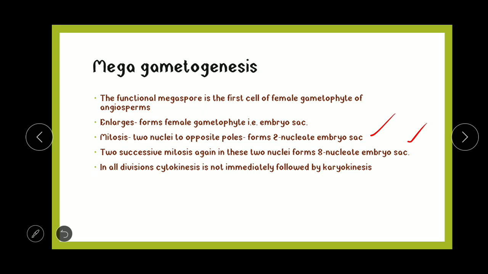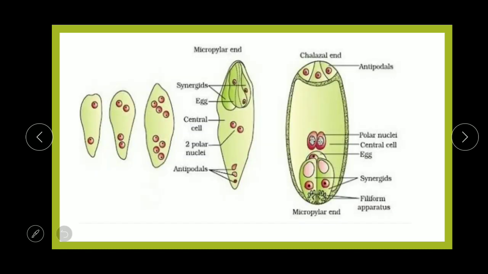After reaching the 8 nucleate embryo sac structure, there will be cytokinesis, that is the formation of cell wall and cell membrane. You can see here 2 nuclei at each end, then 4 nuclei, then 8 nuclei in total, 4 nuclei at each end.